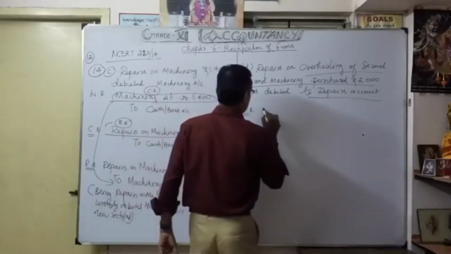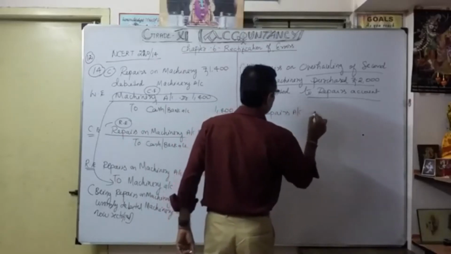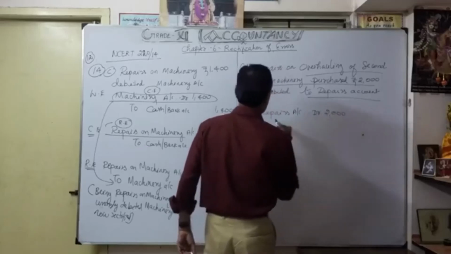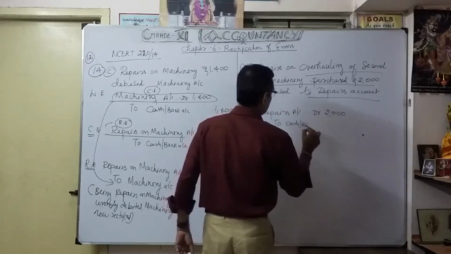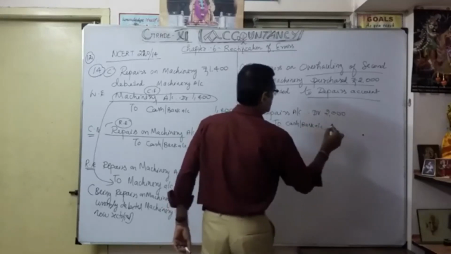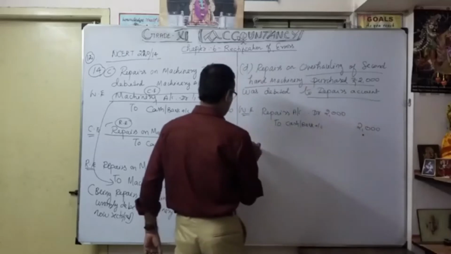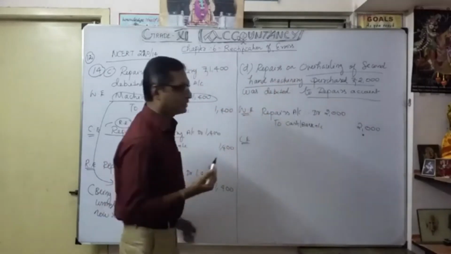So repairs account debit, how much? 2000 to cash or bank account. Okay, 2000. So what is the correct entry? You should debit what? Second-hand machinery only.